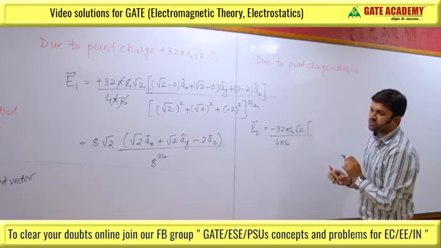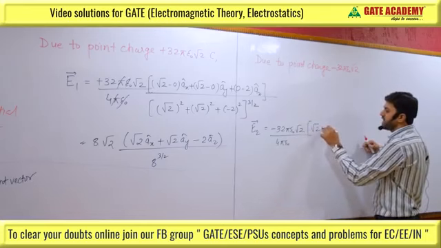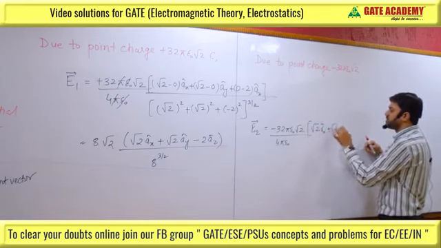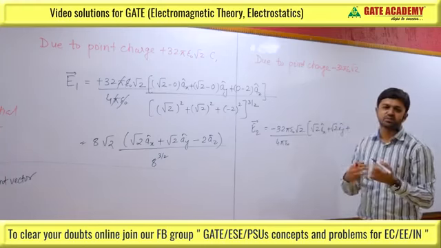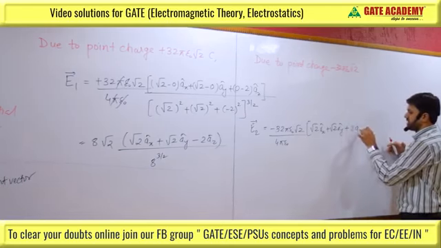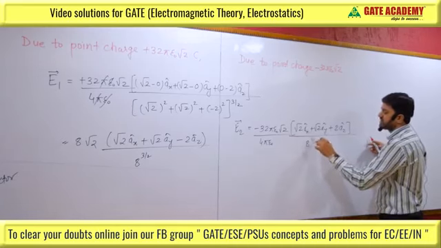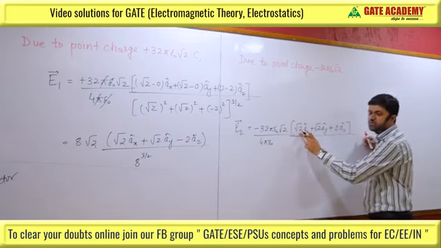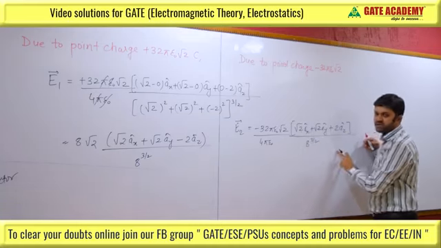So the final point is root 2 and the initial point is 0, 0, minus 2 this time. So this is root 2 ax plus root 2 ay plus 0 minus of minus 2. 0 minus of minus 2 is plus 2. So this is plus 2 az divided by 8 to the power 3 by 2, because this is 2 root 2 square, 2 plus 2 is 4, plus 4 is 8, 8 to the power 3 by 2.